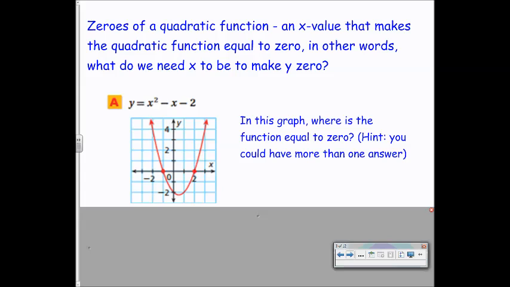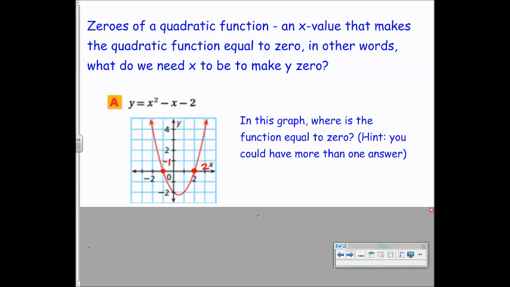Braylon? Is it where it meets the, yeah, where it meets what axis? The x-axis. It's where it crosses the x-axis, so where that is 0 is right here, because that's where y would equal 0. So what are the 2 zeros of this function? -1 and 2. Those are our 2 zeros. Because if I plug in those numbers, what would that give me?